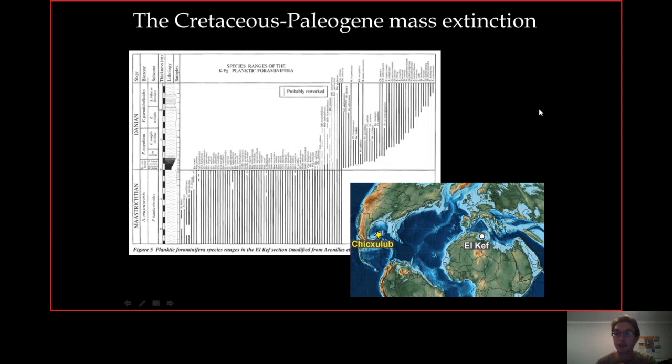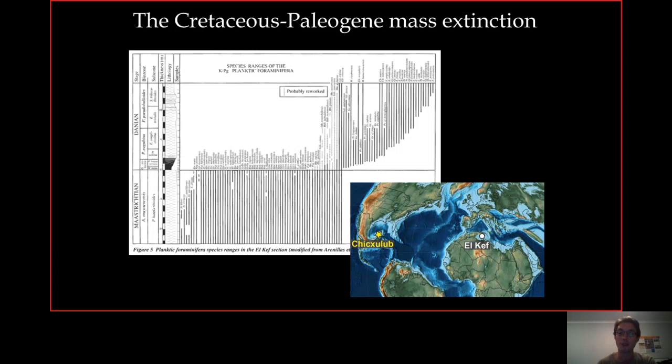And one noticeable thing about the Cretaceous-Paleogene mass extinction, or end Cretaceous mass extinction, is that the stratigraphic section that serves as a global reference for that boundary, the Cretaceous-Paleogene boundary, is actually located on the African continent.